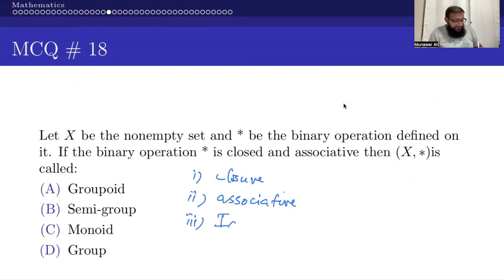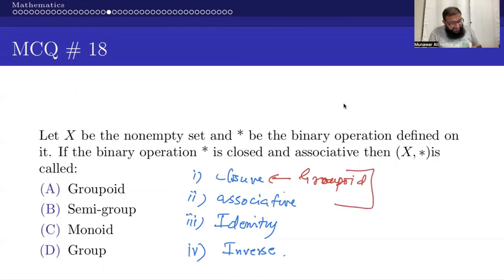Identity element, and you check the inverse element. So if only the first property is satisfied, that is called a groupoid. If the first two properties are satisfied, that's called a semigroup.